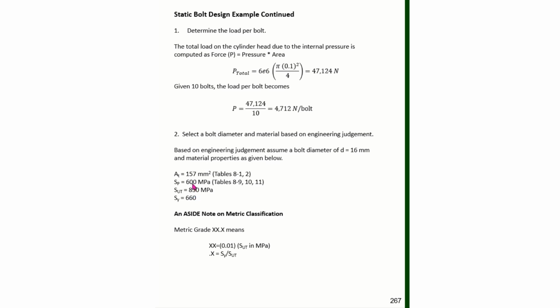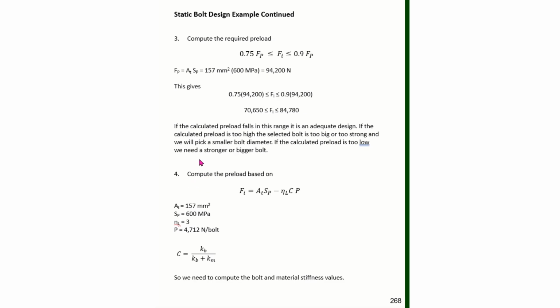So here we'll use 600 as the proof strength, and we compute our proof load as 94,200. So plugging that into our range, we want our bolt range to be between 70,000 and 85,000.